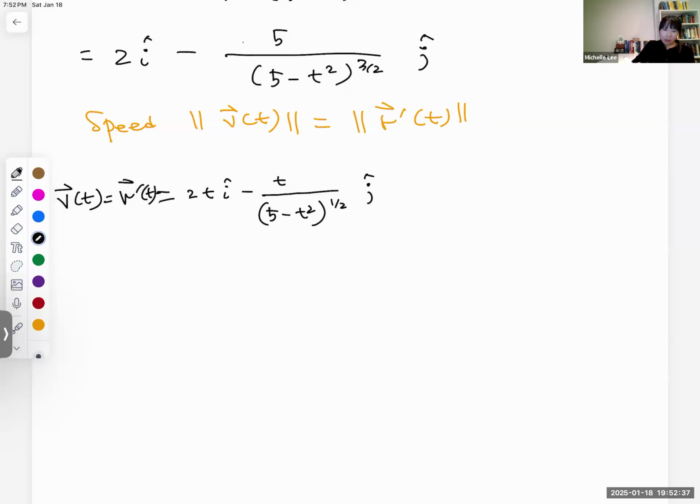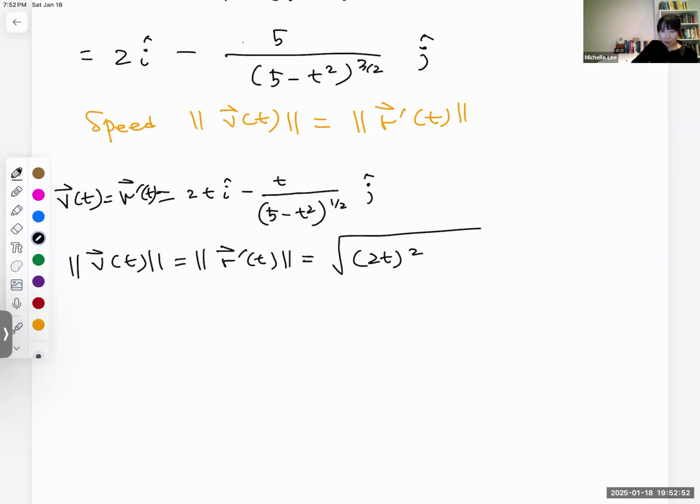All right. So the magnitude of v of t, which is the same as the magnitude of r prime of t, is the square root of 2t squared plus -t over 5 minus t squared to the 1/2.